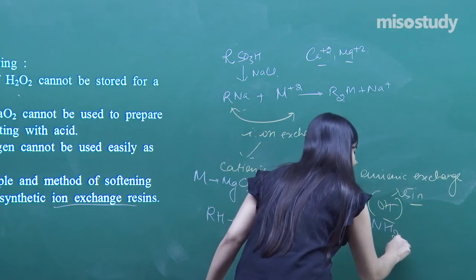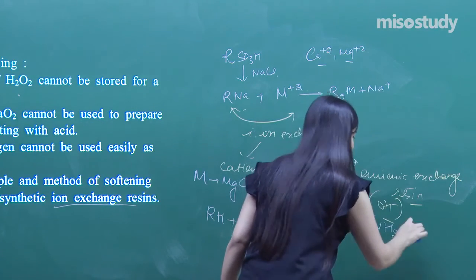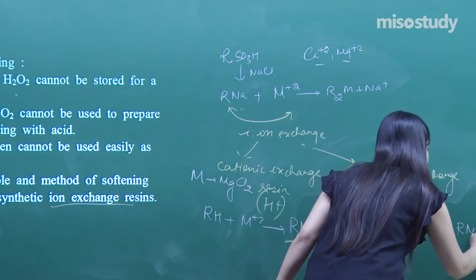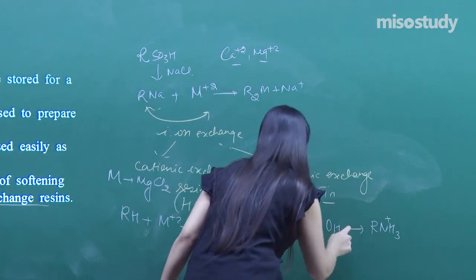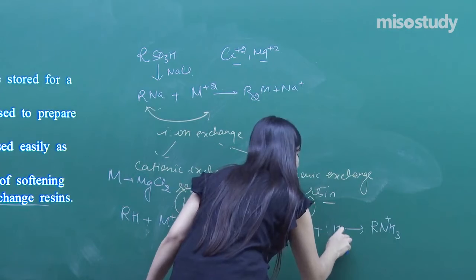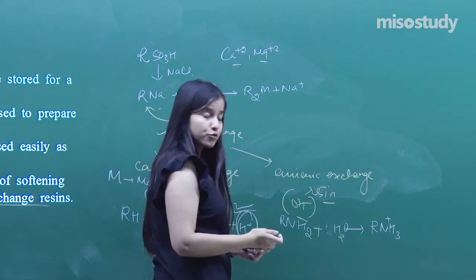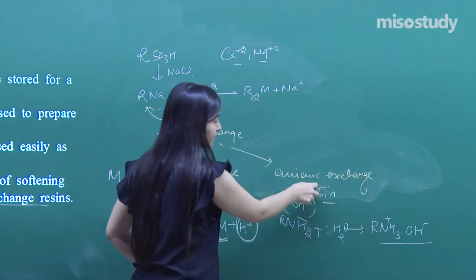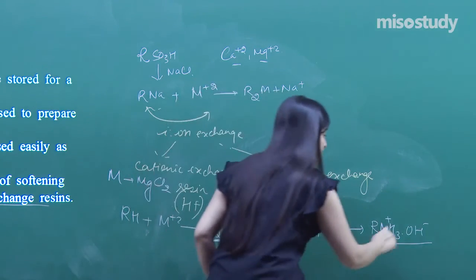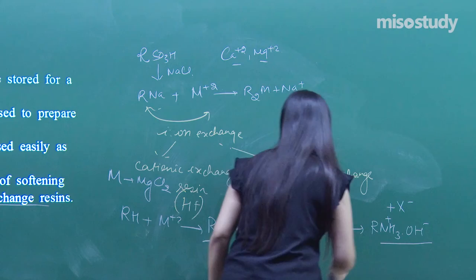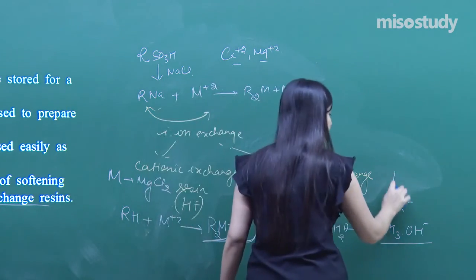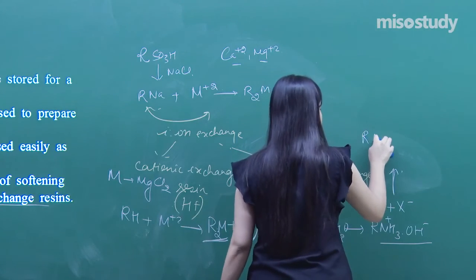I have the anionic exchange resin. First, it reacts with H2O in the solution form, giving RNH3+ and OH-. Now this entity which you see over here, the anion exchange resin, reacts with X-, that is the Cl- which will be in the solution, giving us a salt, right?